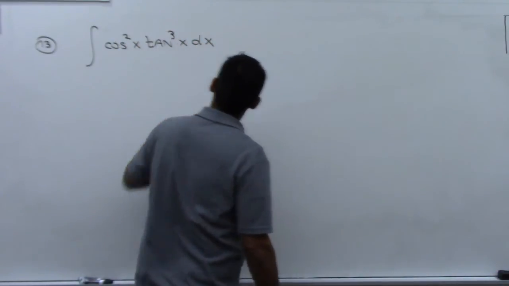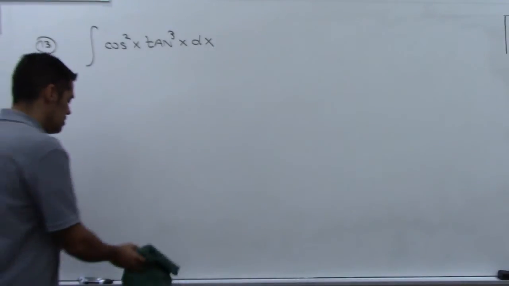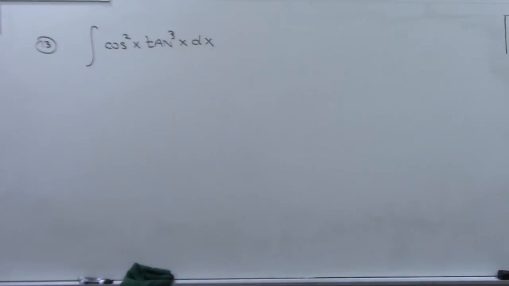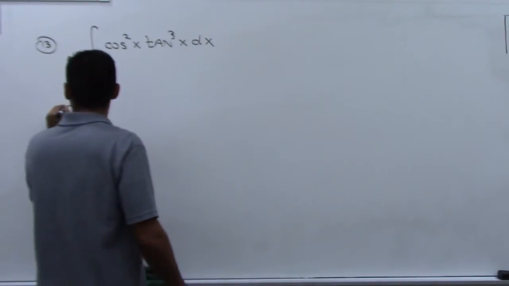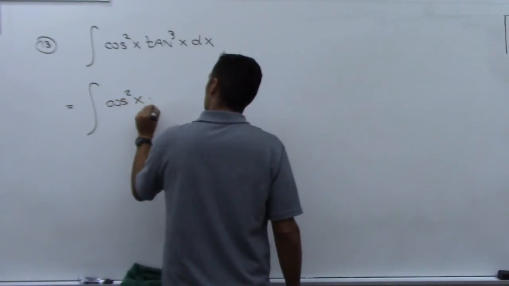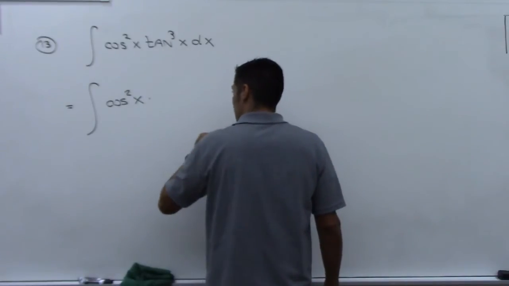All right, so again, this does not fall into the category that we had earlier because we needed sines and cosines together if we were going to use any of those methods. Here we have cosine and tangent. But let's just remember that tangent is sine and cosine combined. So this is cosine squared x times tangent of x is sine x over cosine x.